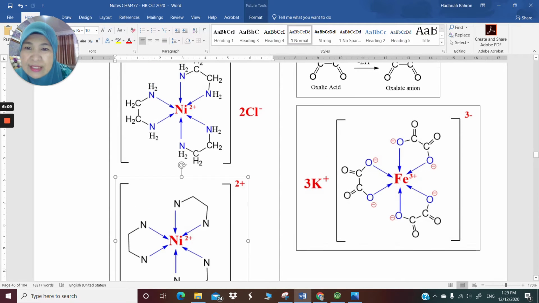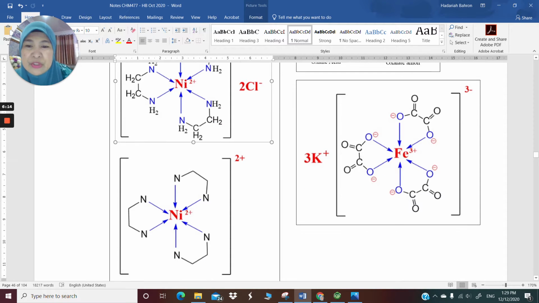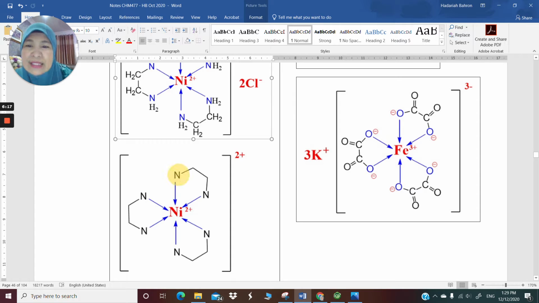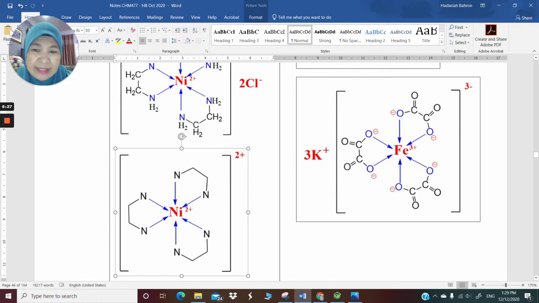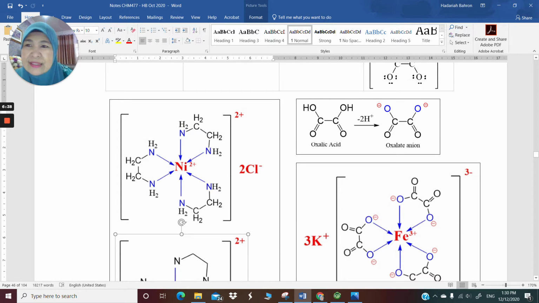Make sure you understand that the bonding point is through nitrogen, and sometimes you may see just a curved line between the two nitrogens signifying ethylenediamine, or en. That would be a symbol representation of ethylenediamine. So that is an example of a bidentate ligand, a neutral molecule, ethylenediamine bonding to a nickel center.